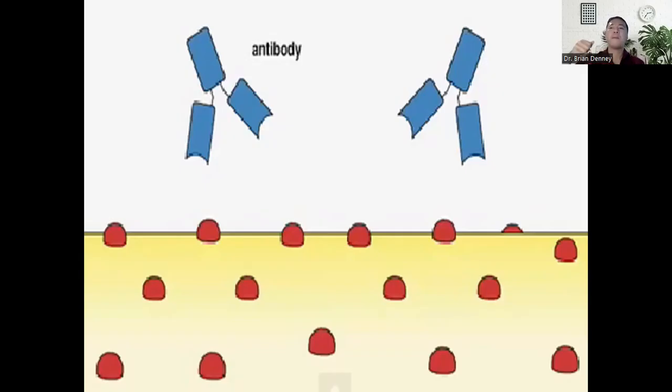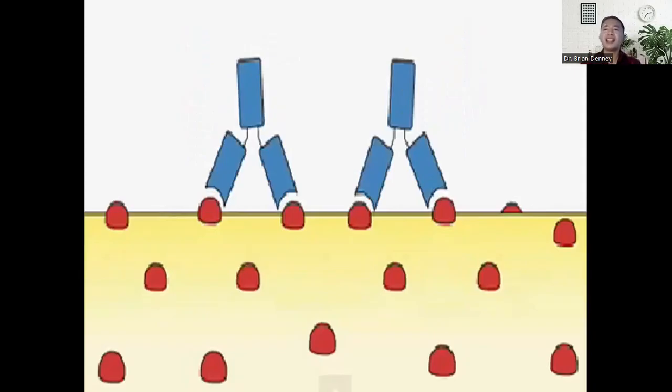Now say, bind. Of course, the antibodies now are bound to the surface of the bacteria. Can this cause now activation of your complement classical pathway? Yes, very good. And what complement protein in the classical pathway participates first in the cascade?